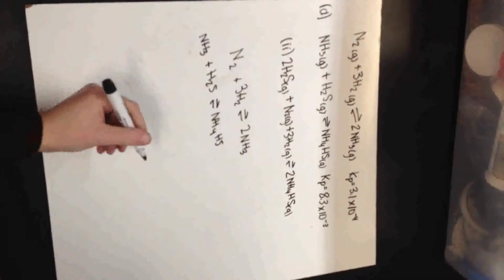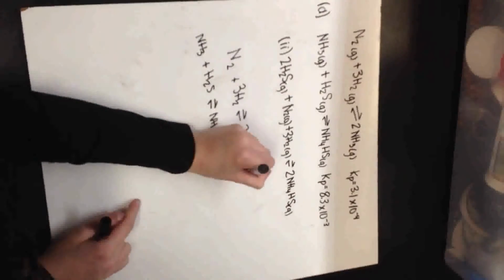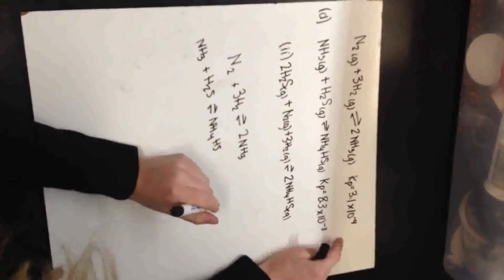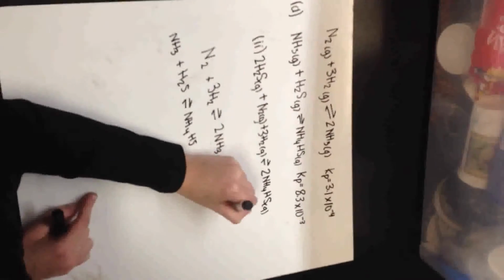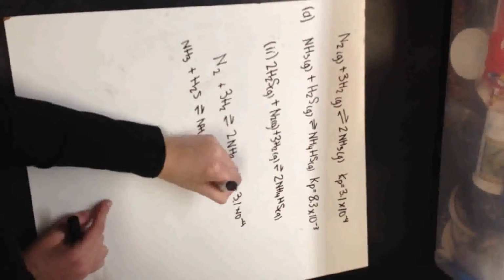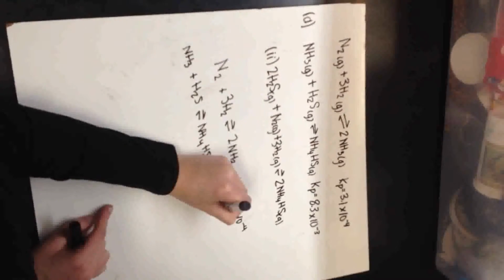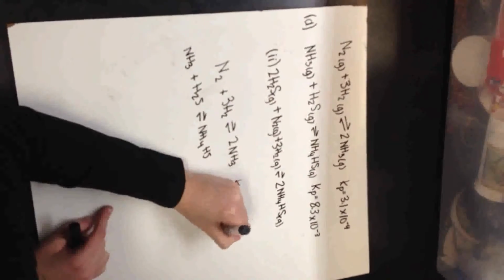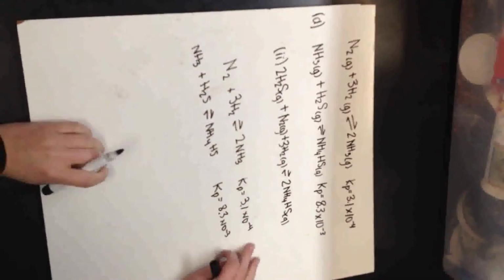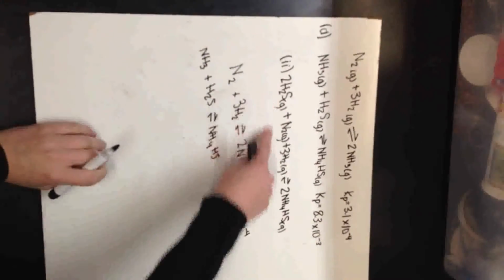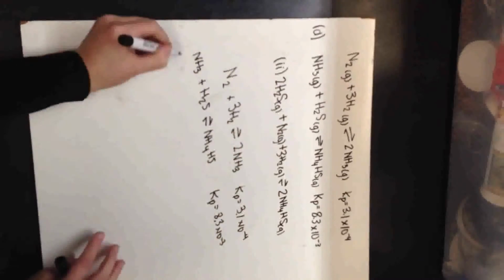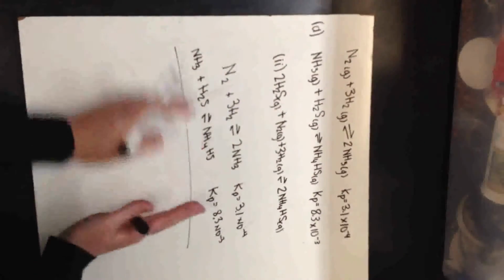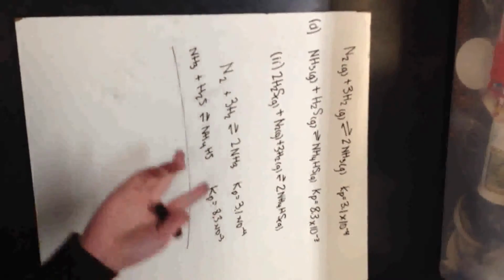So now you're given the Kp up here. I'll write that down then. Okay, so these are the two equations, and ultimately you're trying to get to this. Using Hess's law, you would see that when you add them together, everything's on the right side, nothing's going to be flipped.